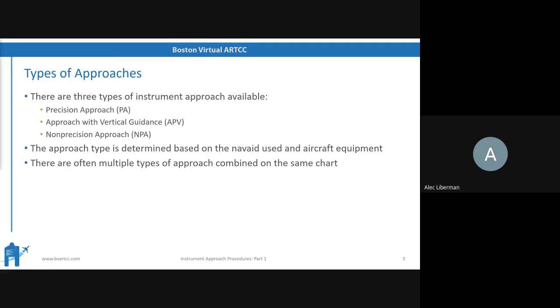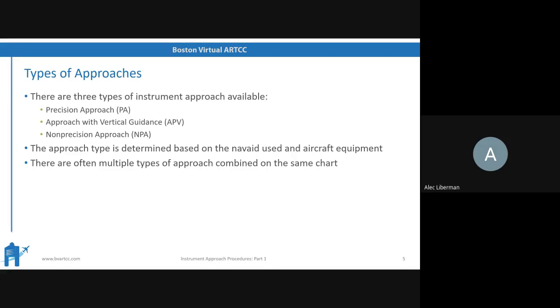The approach type is often determined based on what kind of nav aid you use, which is either ground-based or aircraft-based. Simply put, it's a non-precision approach if you use a nav aid on the aircraft, for example a GPS, so you're using an aircraft GPS receiver and satellites. And if you're using ground-based navigation like an ILS, it's a precision approach.